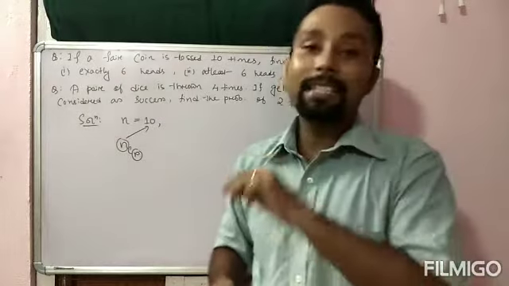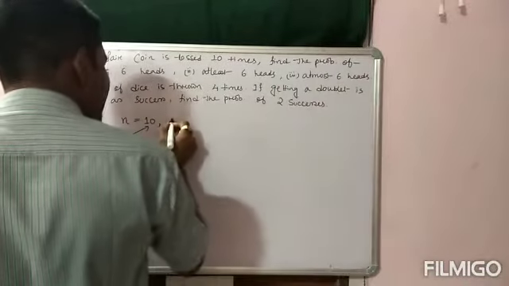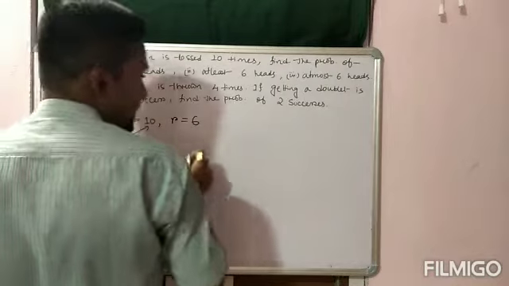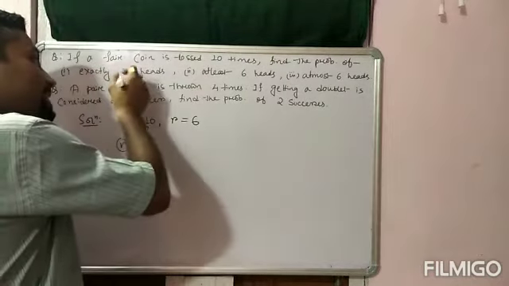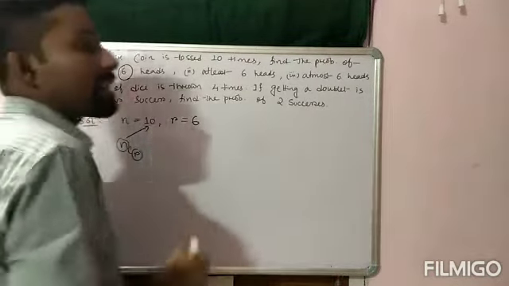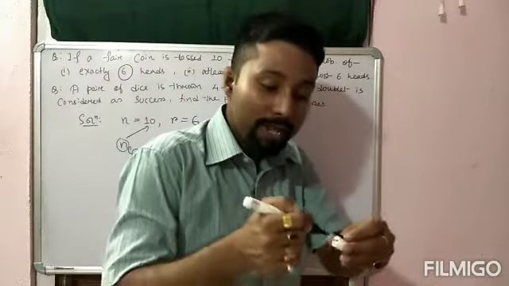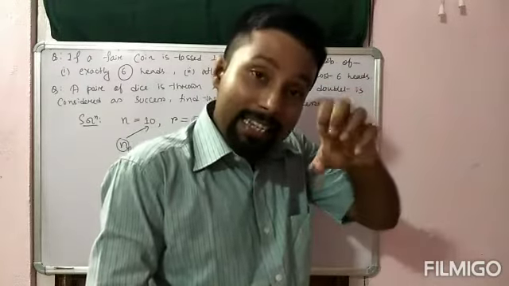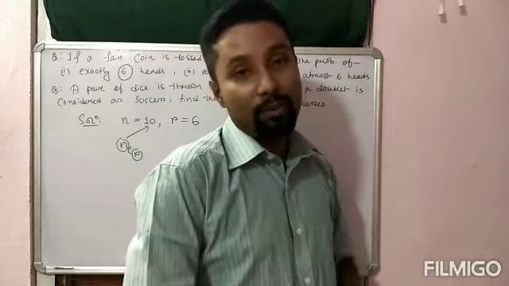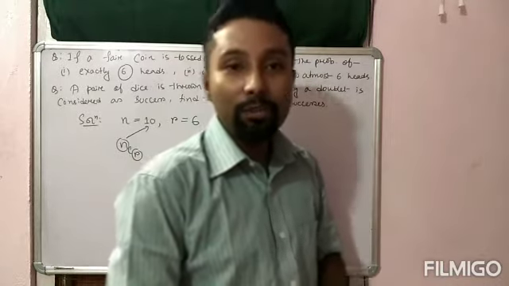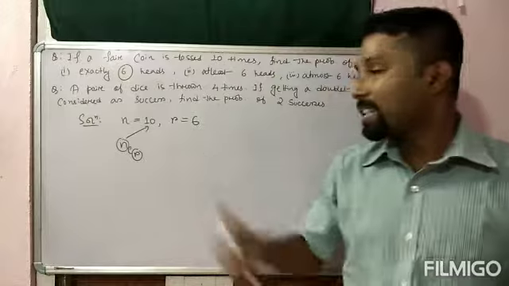Getting exactly 6 heads means here r is equal to 6. Out of 10 tosses, we need the probability of getting exactly 6 heads only. So that means at a time you need to take 6. That's why r is equal to 6.